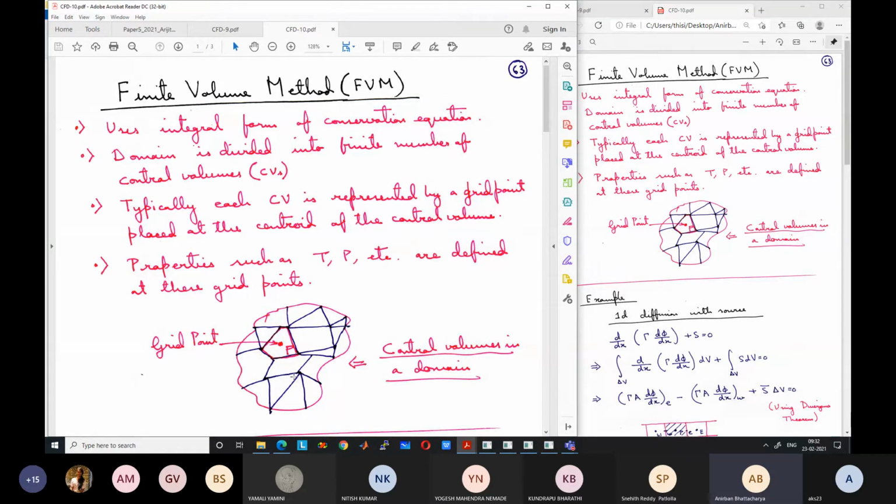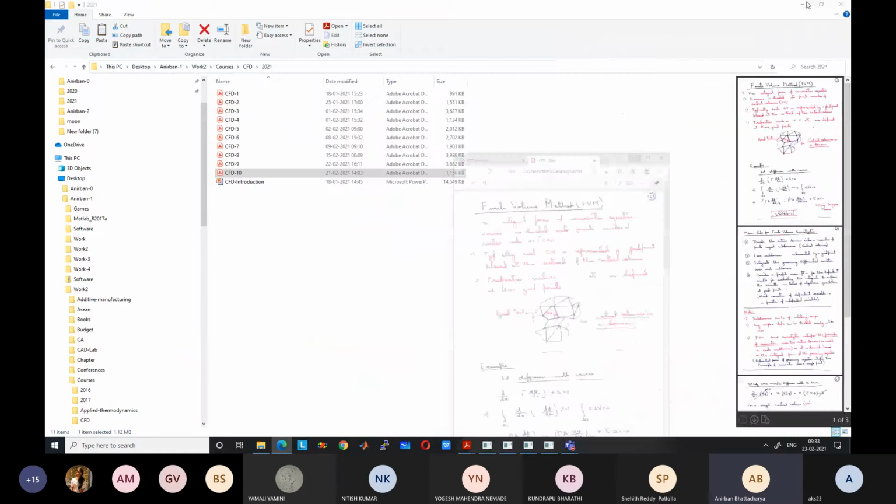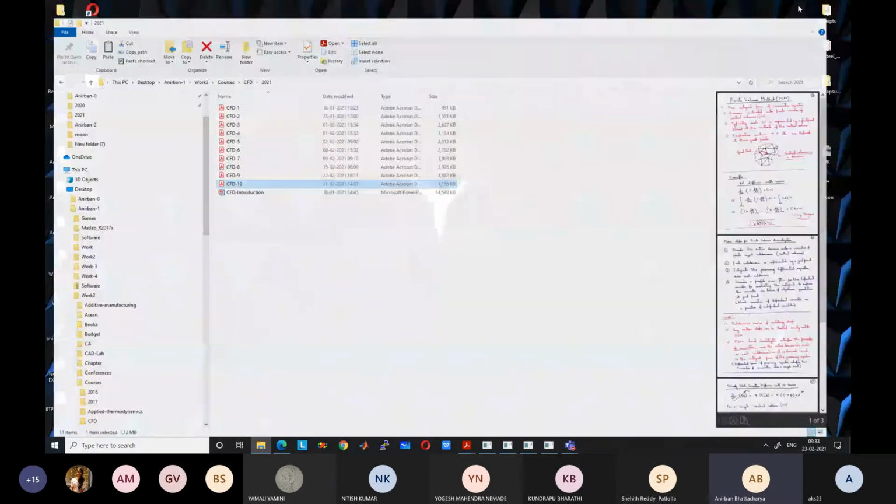But from one control volume to the other control volume, there will be a variation of temperature. Okay. Just to show something, I will keep something open to show how it actually works.